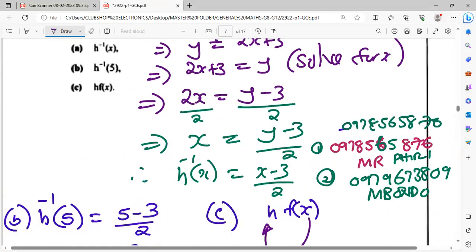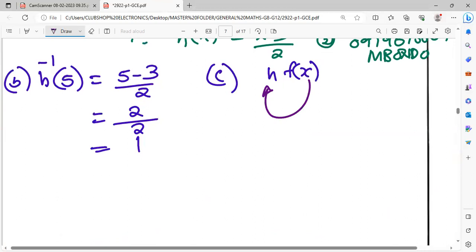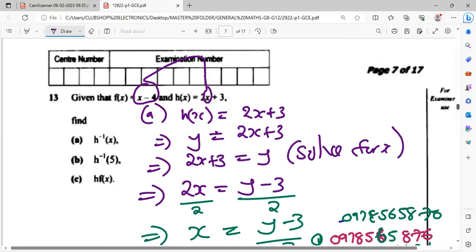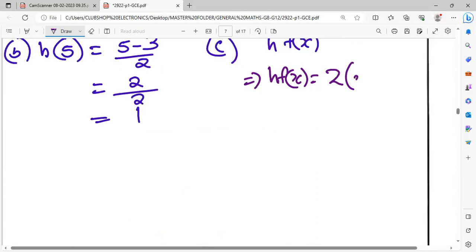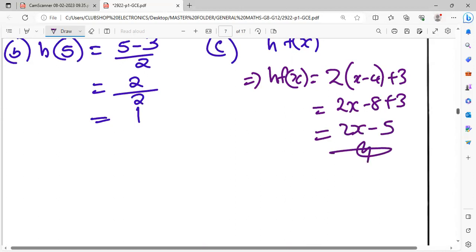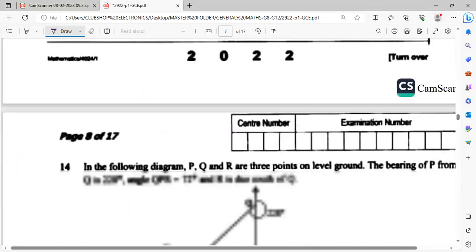So we'll say h f of x is equal to open bracket x minus 4, close bracket, times 2, plus 3. So it distributes: 2x minus 8 plus 3, which is 2x minus 5. This is our answer. All right. Go to the next question.